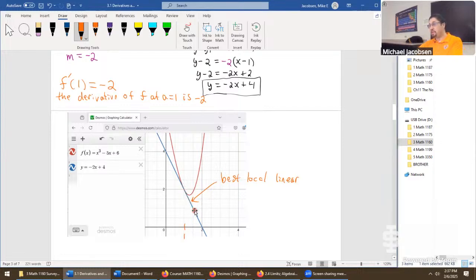In fact, if you go even close to 2, we're way off, right? But if you're only concerned about what's happening around 1, this is the best local linear approximation to y equals f of x at a equals 1.